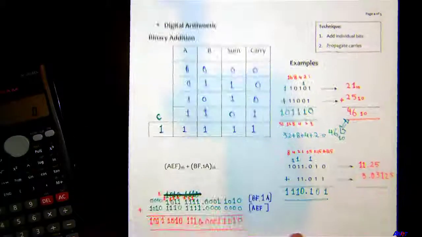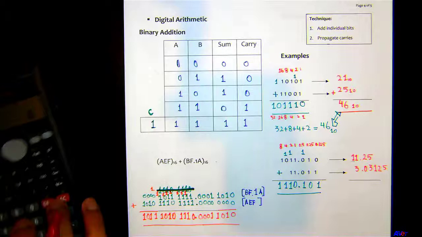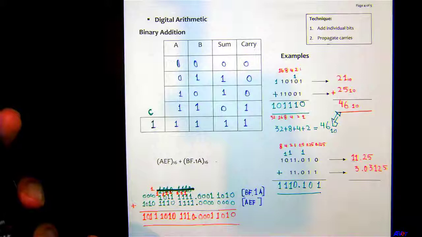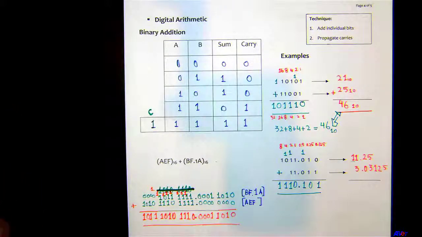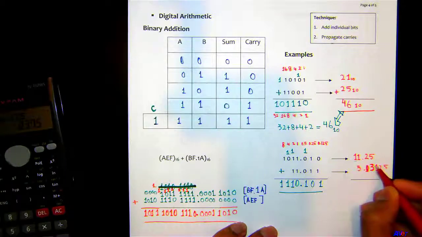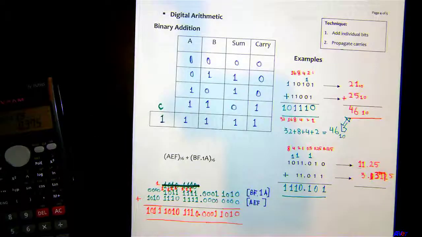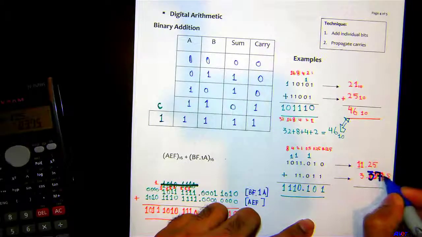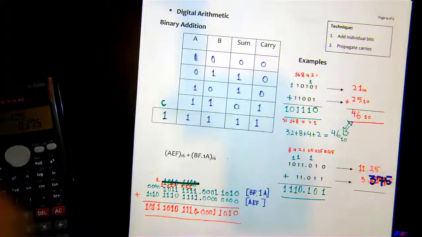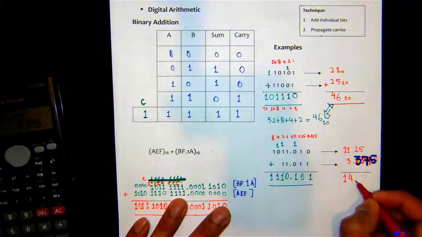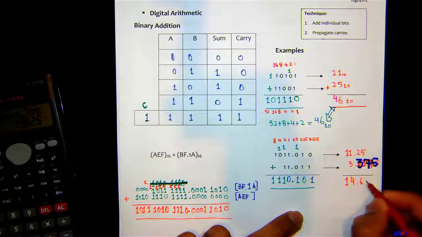Okay, so if you add these numbers, 11.25 plus 3.375, you get 14.625. Okay.